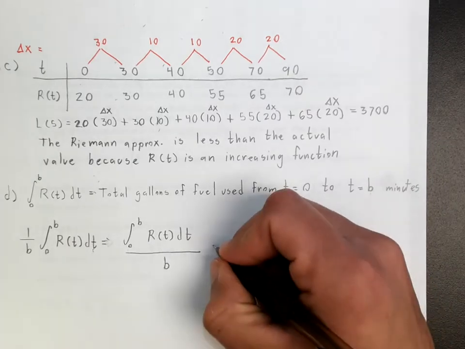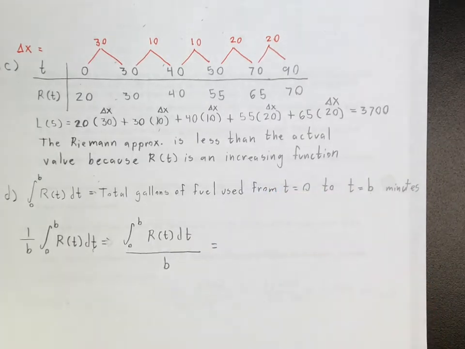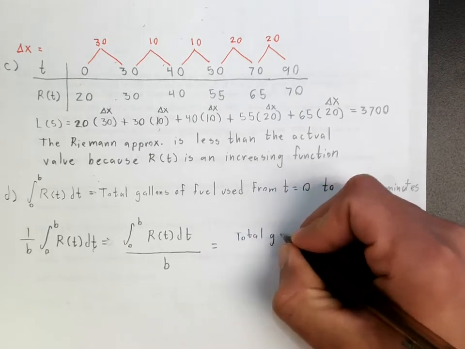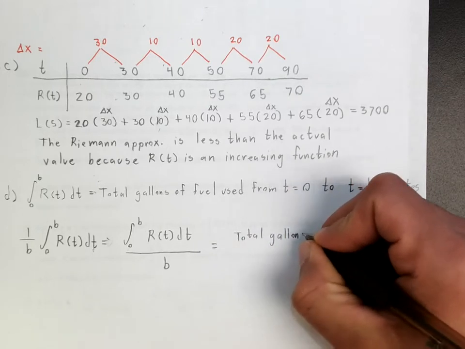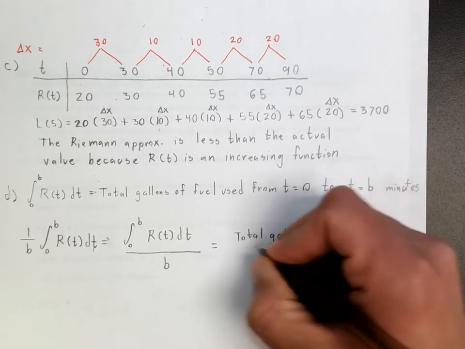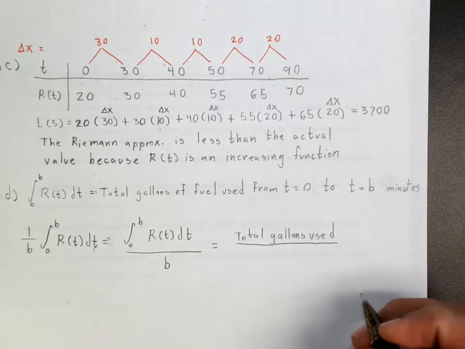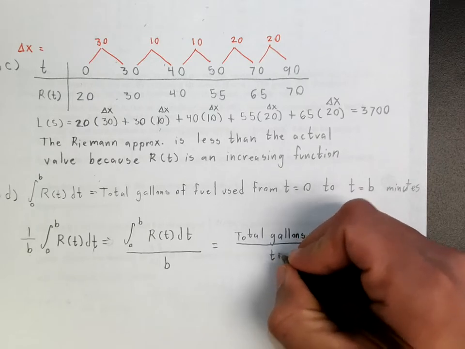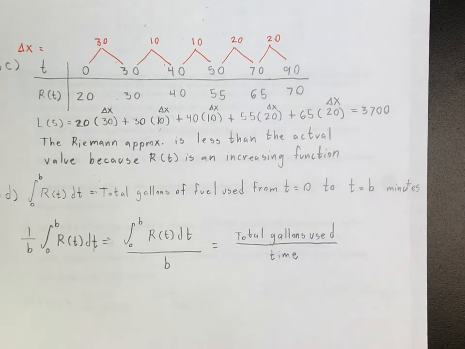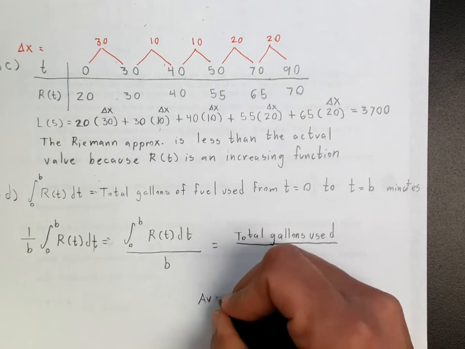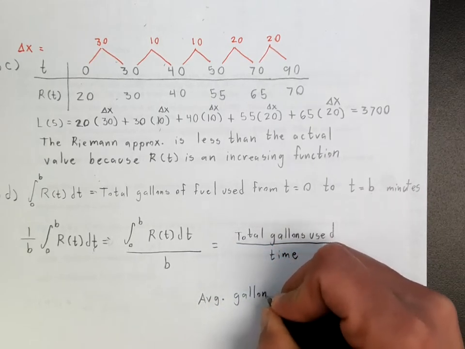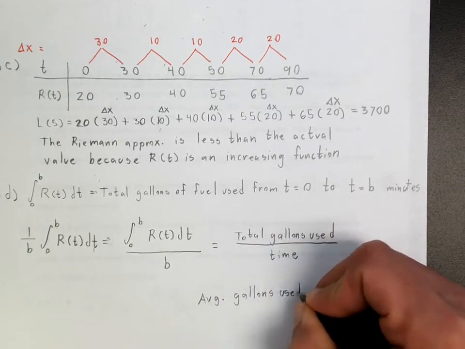Since we talked about how the integral of R(t) is the total gallons used, this is going to be the total gallons of fuel used. And b, if you remember, is a type of time. All right, so b is time. So what this really means is that this is the average gallons used per minute.